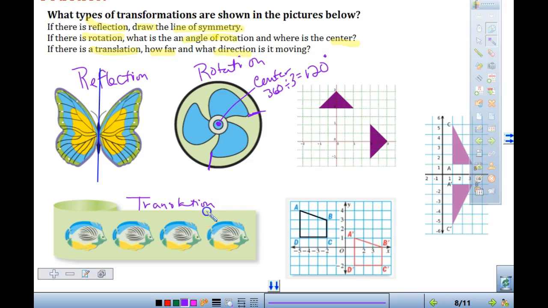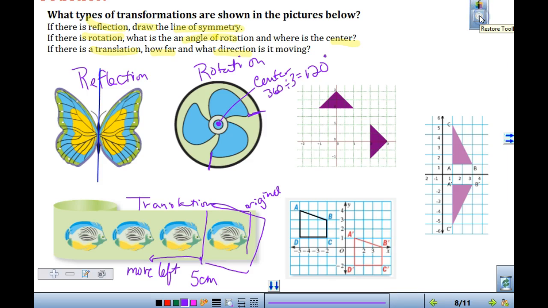No. If this is our original picture, then we would say the translation is moving it to the left. Now all you need to do is measure this distance to here, and you might say it moves to the left 5 centimeters or 3 centimeters, however far that happens to be.